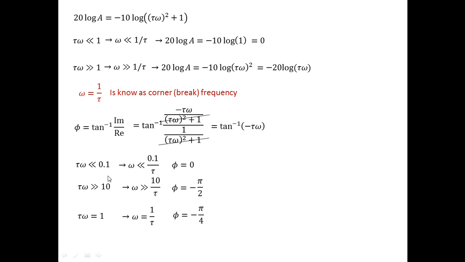So we consider three regions for omega: when omega is much less than 0.1 over tau, when omega is much bigger than 10 over tau, and when omega is 1 over tau. In fact, we consider one decade before the corner frequency and one decade after the corner frequency in order to see how the phase will change in terms of omega.